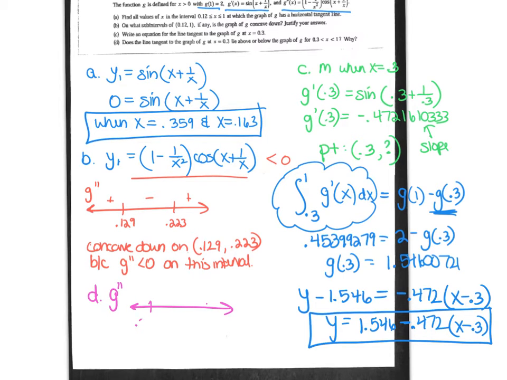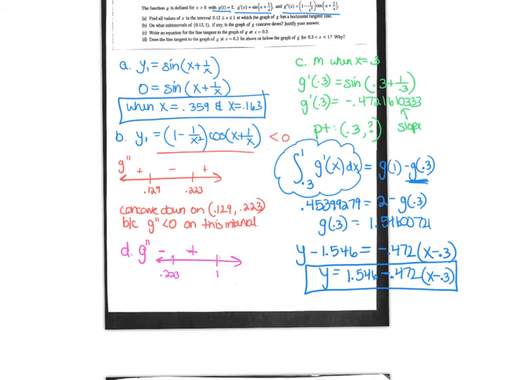We know that the first zero is 0.223. I'm putting it there just because it's close to 0.3. And then you want to figure out where G double prime is 0 again, and that actually happens at 1. So when you test these intervals, this is positive, this is negative.